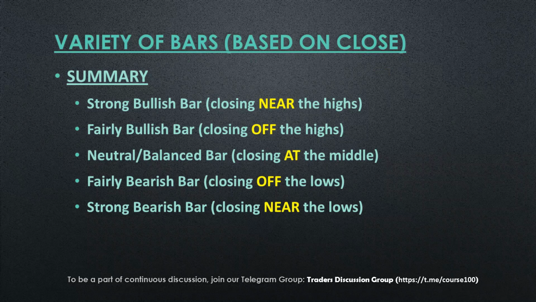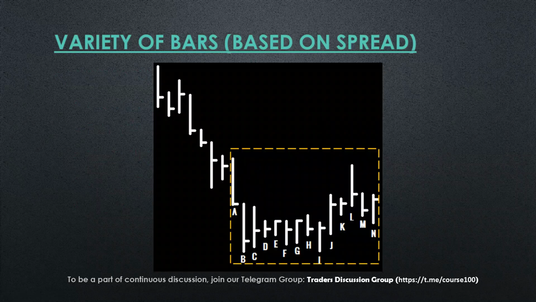Now the second classification we use is based on spread. Spread means, let's consider a bar which is closing off the highs. That's my low, that's my high, and the distance between high and low we refer to as spread.